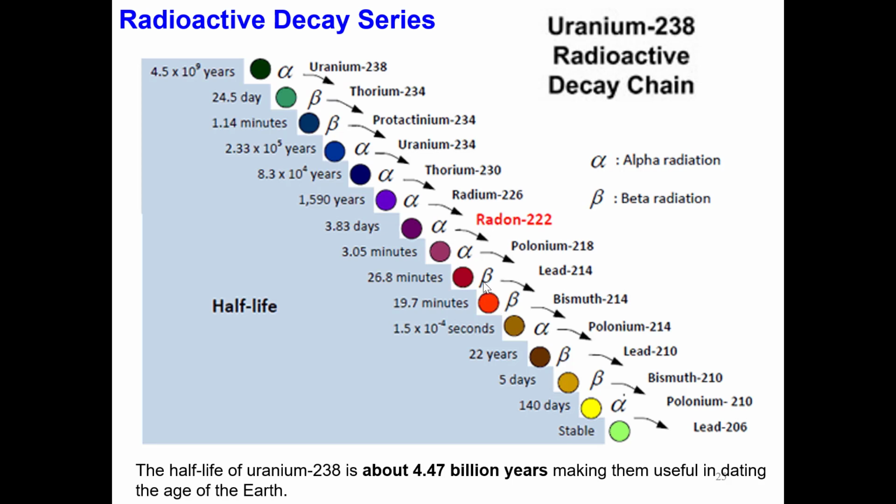Here is the complete decay reaction for uranium 238. And we can see there are different nuclear reactions that occur until the uranium decays into a stable configuration, which is lead 206.